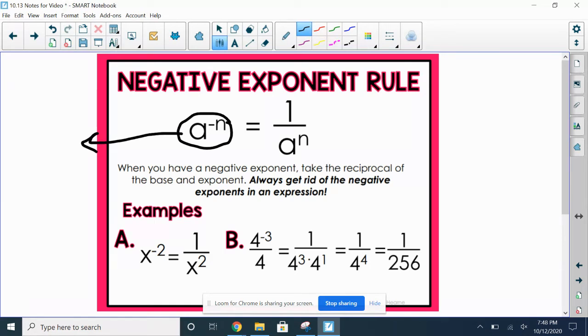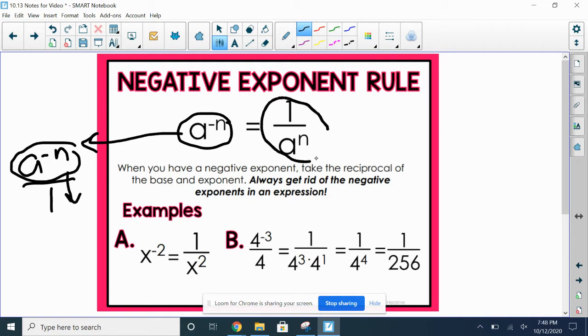We know that every whole number is over an assumed 1. So, because it's over 1, in order to flip the sign of the exponent, we need to move it to the bottom. You would take that a to the n and move it to the bottom.